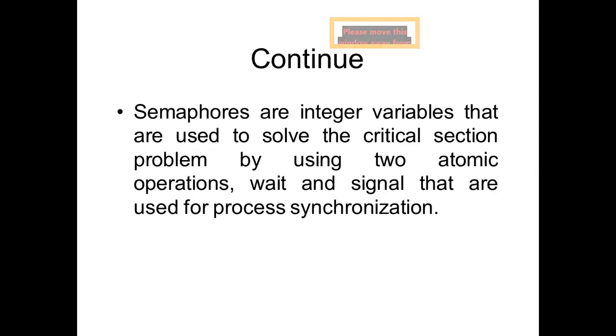Now, semaphores are integer variables that are used to solve the critical section problem by using two atomic operations. What are those two atomic operations? One is called wait and another is called signal, and they are used for process synchronization. A number of processes will be occupying the central processing unit or other resources.